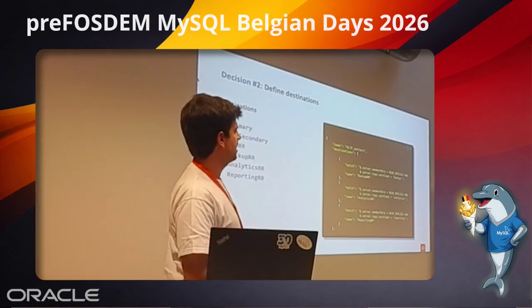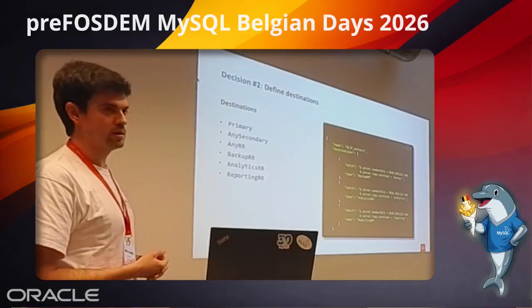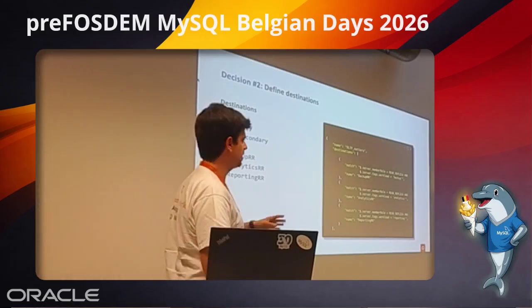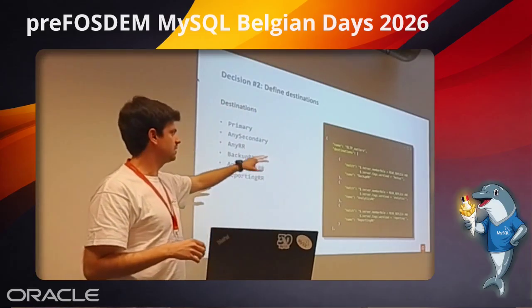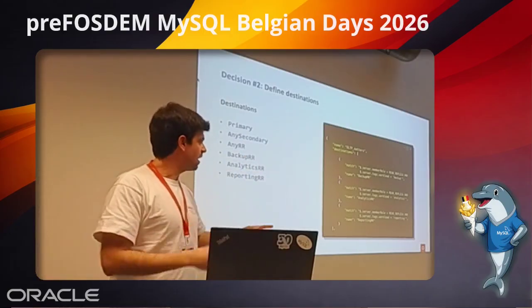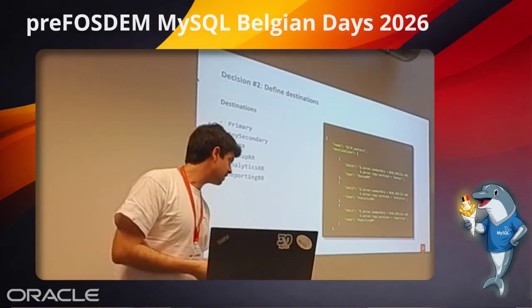In this case, I'm tagging servers with a tag where the key is workload, and the first value is backup. Any server tagged with that will match that rule, and will be put together in this group called backup read replicas. And then I do the same for analytics and reporting.